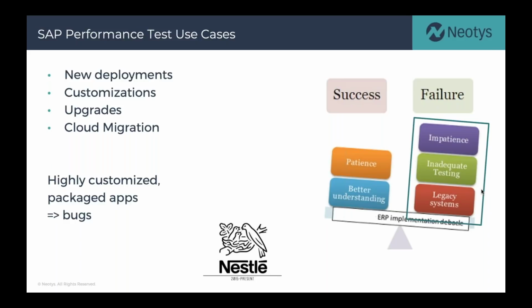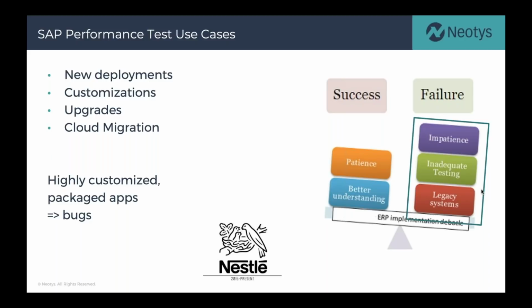With SAP, you have new deployments, you have customizations, upgrades, cloud migrations like to HANA coming, and throughout, even though SAP has a packaged application, it has tons of highly customized code in it to make it work specifically for each integration, and that can lead to a lot of bugs.